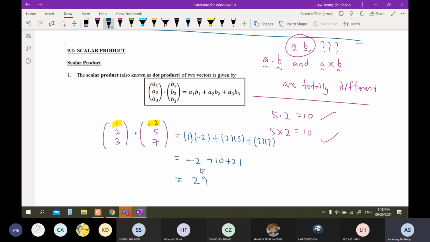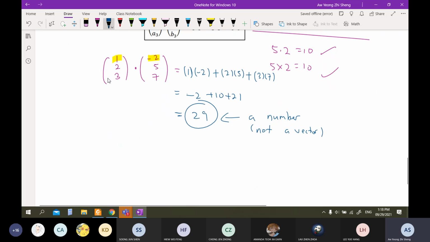Okay. So you end up getting a number, not a vector. The dot product is an operation that takes in two vectors. You have a vector dot with a vector, it gives you a scalar.